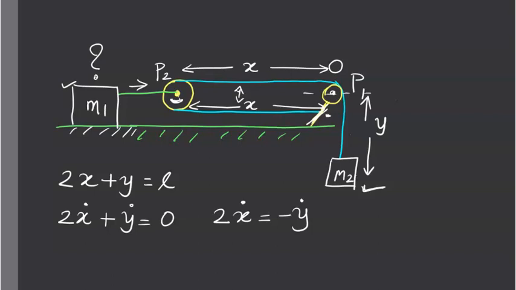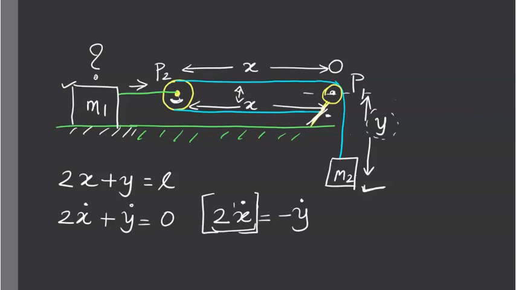Now the rate at which this coordinate y increases is nothing but double the rate at which the x coordinate decreases. I will repeat again, y will increase at a rate which is double that of the decrease of x.